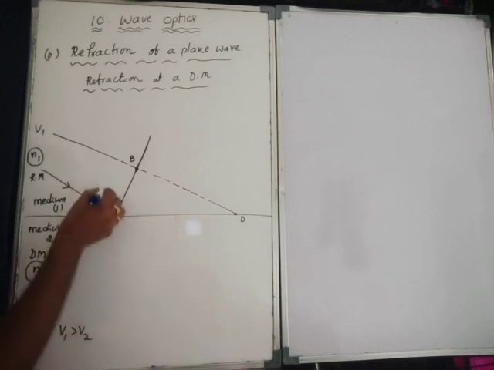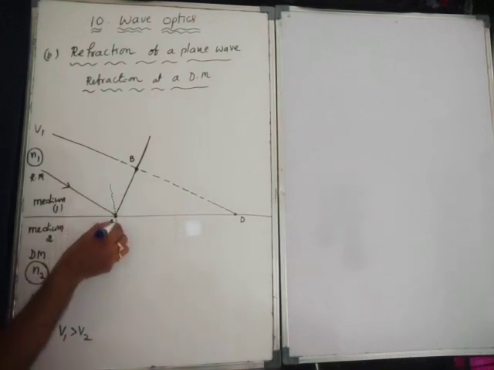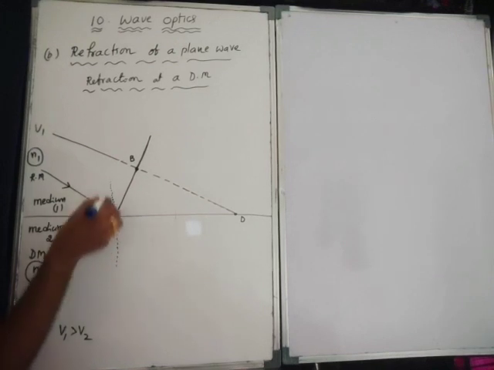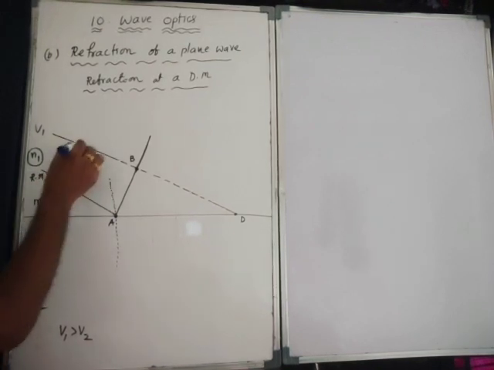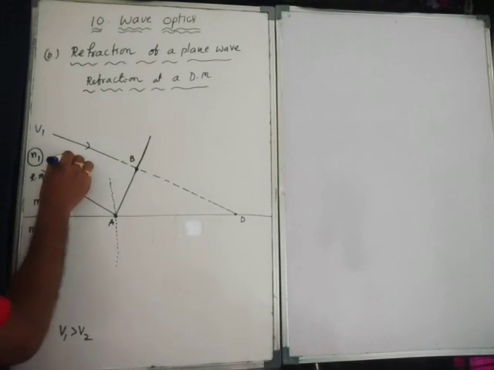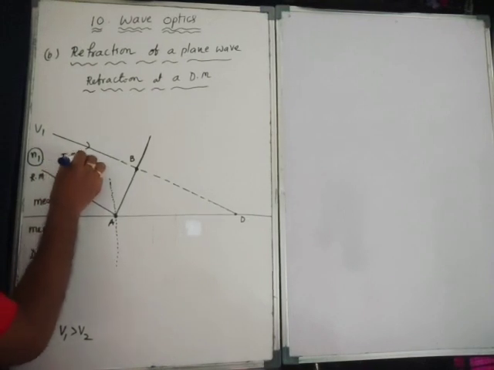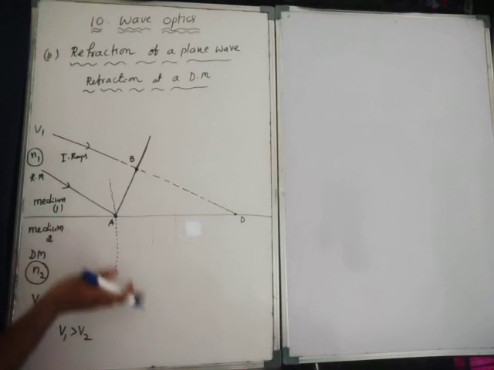Now here I will consider this is the normal. So what happened? This is the incident ray, moving from rarer medium to denser medium.